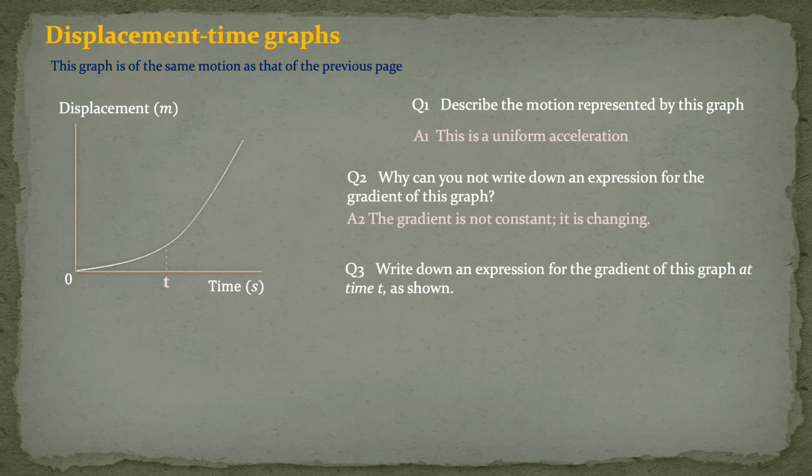Question 3. Write down an expression for the gradient of this graph at a particular time t as shown. The answer is the gradient at time t is given by ds by dt.